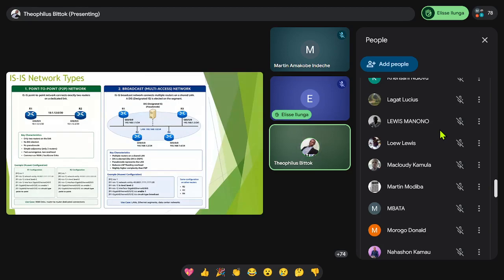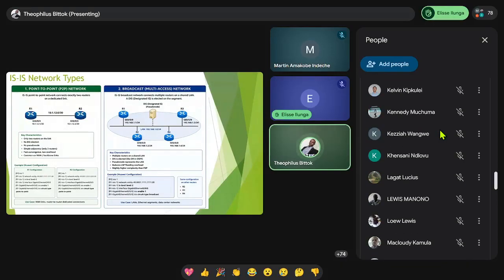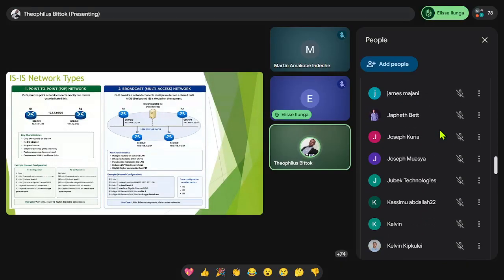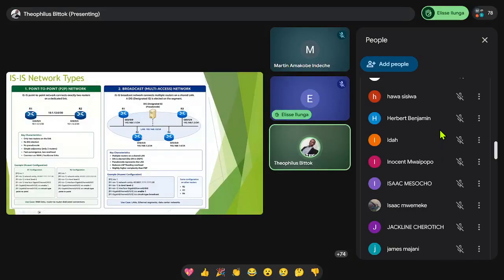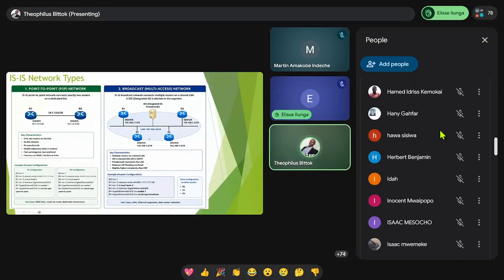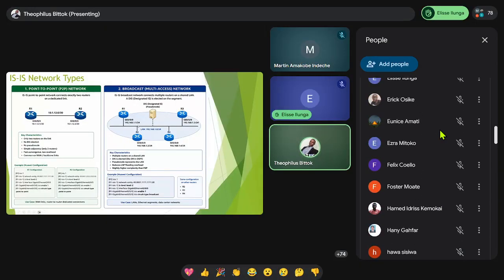What a DIS does is it's like an auditor. Let's say we've sent the LSPs, and the DIS realizes that router 2 is missing some of the LSPs. So it's now going to send them to router 2.